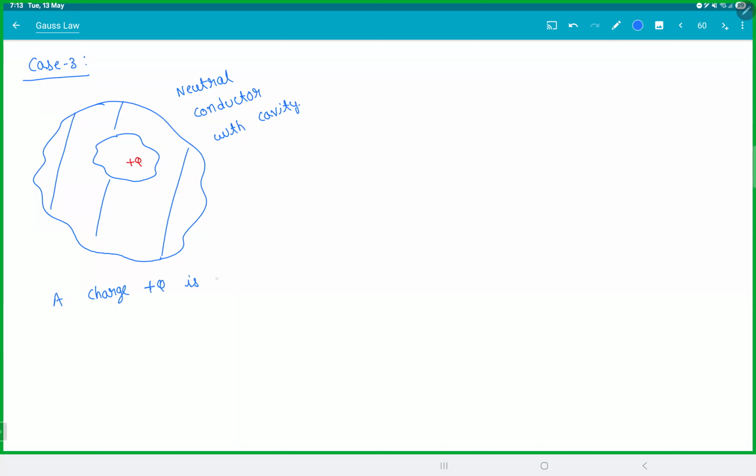The charge plus q is placed inside the cavity without touching the surface, because the moment you touch the wall, the charge will just flow outside again. So you don't want to touch the walls. Now what happens? This is a good one.